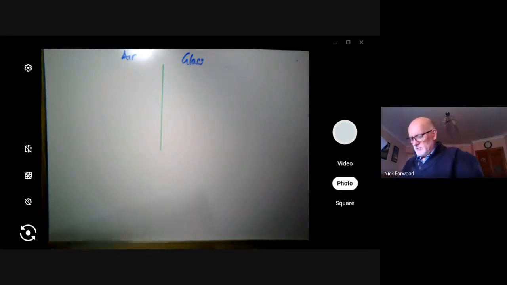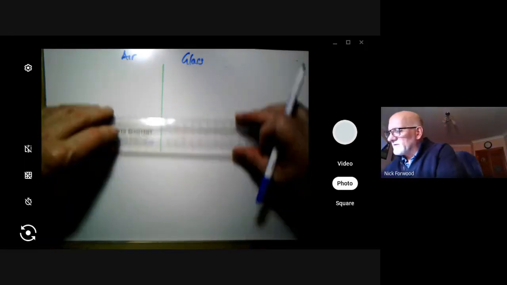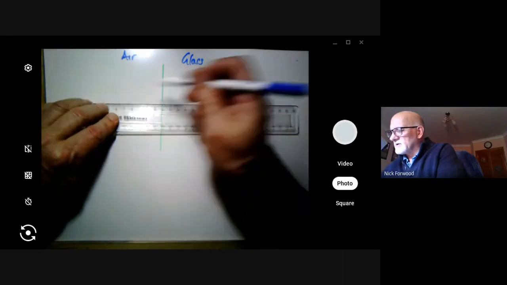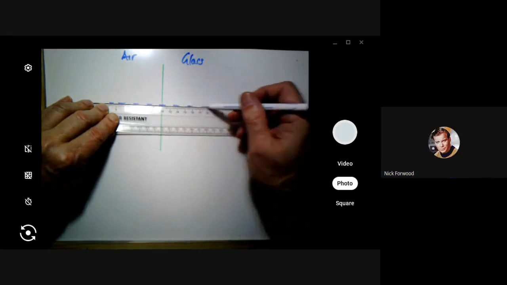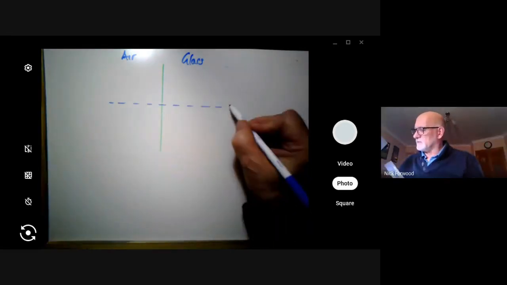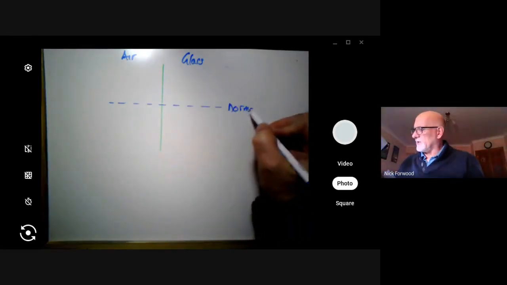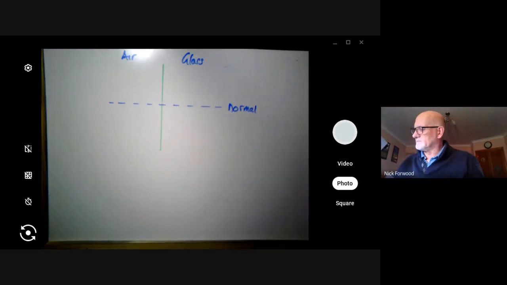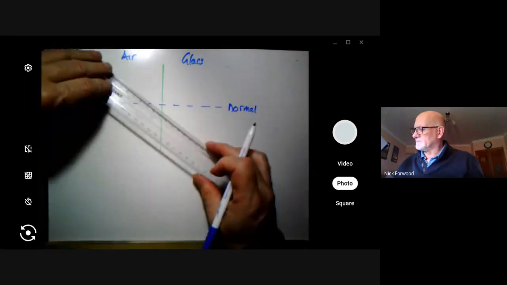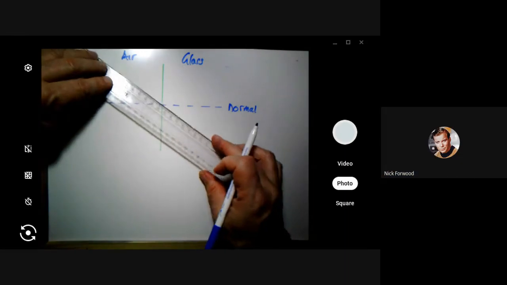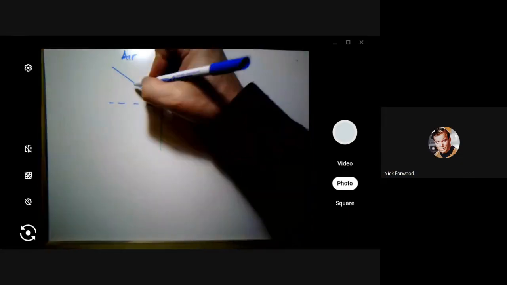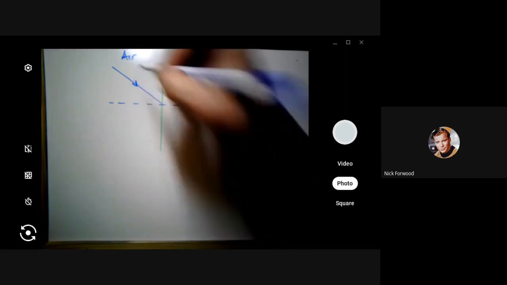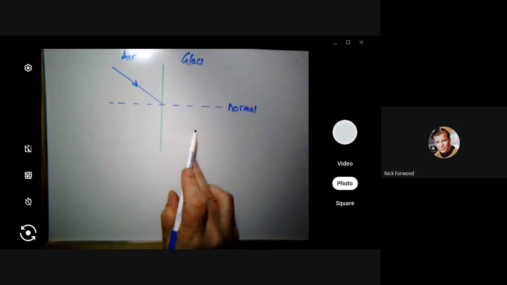And you'll remember some of this stuff. Let's draw a line at 90 degrees, and that's called the normal line. Now, if a ray of light comes in at an angle like this, it's going to slow down when it hits the glass, but it doesn't carry straight on.